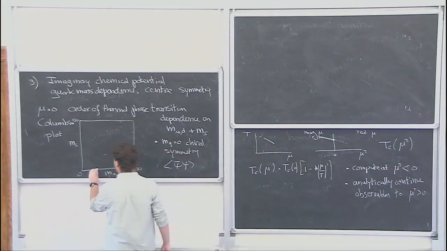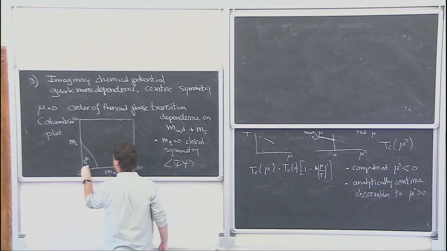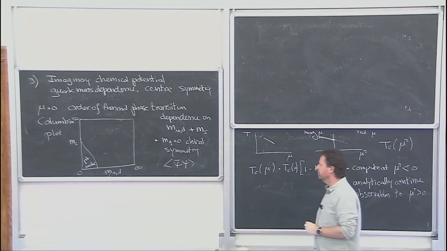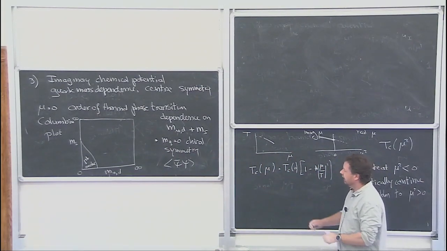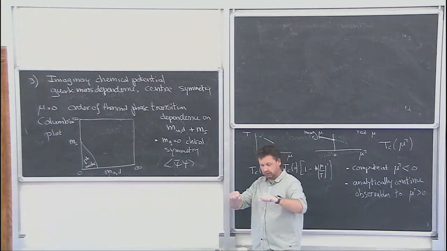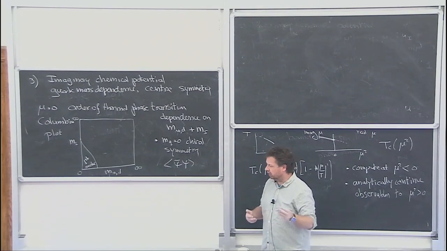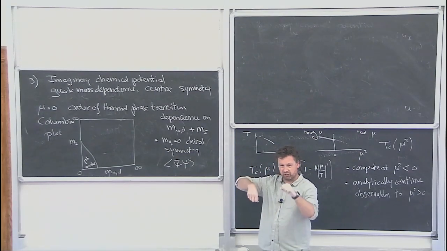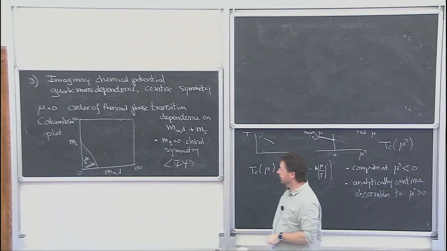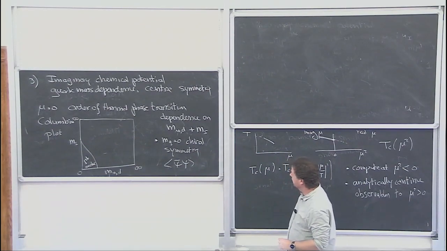So there's a region here, I'm just going to draw it like this, where the phase transition is first order. If you turn on the quark masses even more, at some point you destroy this first order nature and it becomes a crossover. Think about a double well potential, or Ising model in external magnetic field: if you twist it too much, there are no more two competing minima, but only a crossover. So that's the zero quark mass case.